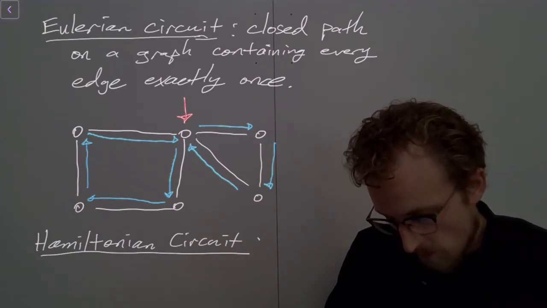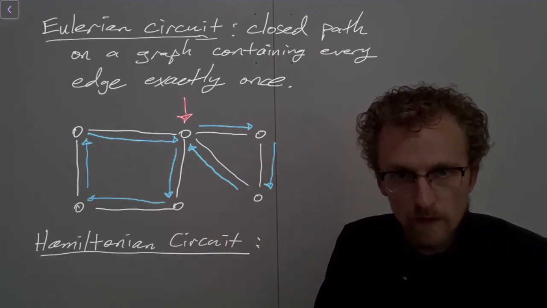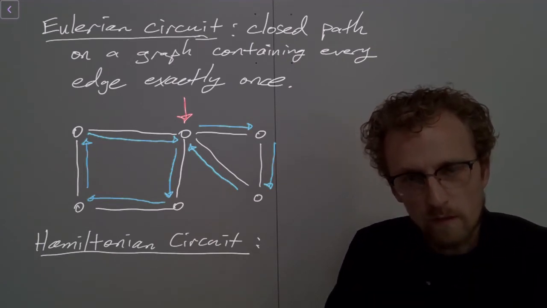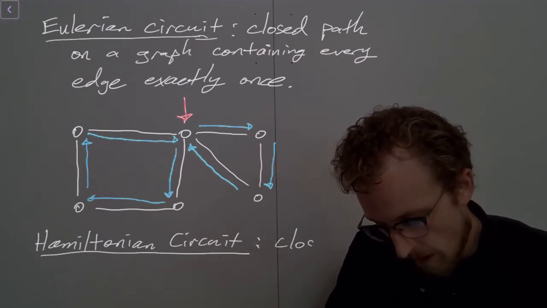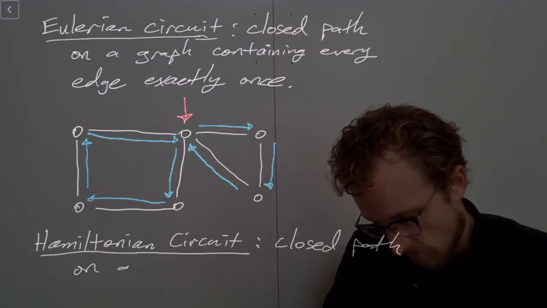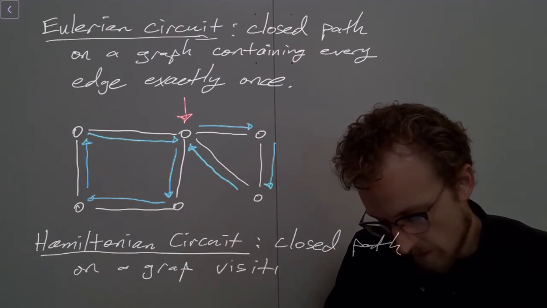Okay, so what I've written above is an Eulerian circuit, but it's not a Hamiltonian circuit, right? These two definitions are not equivalent. So here it's a closed path on a graph visiting every vertex exactly once.